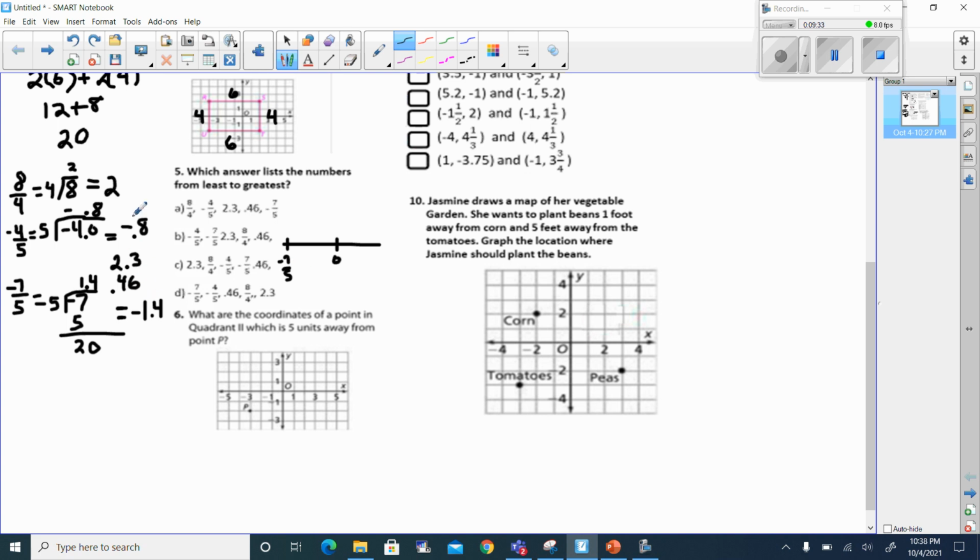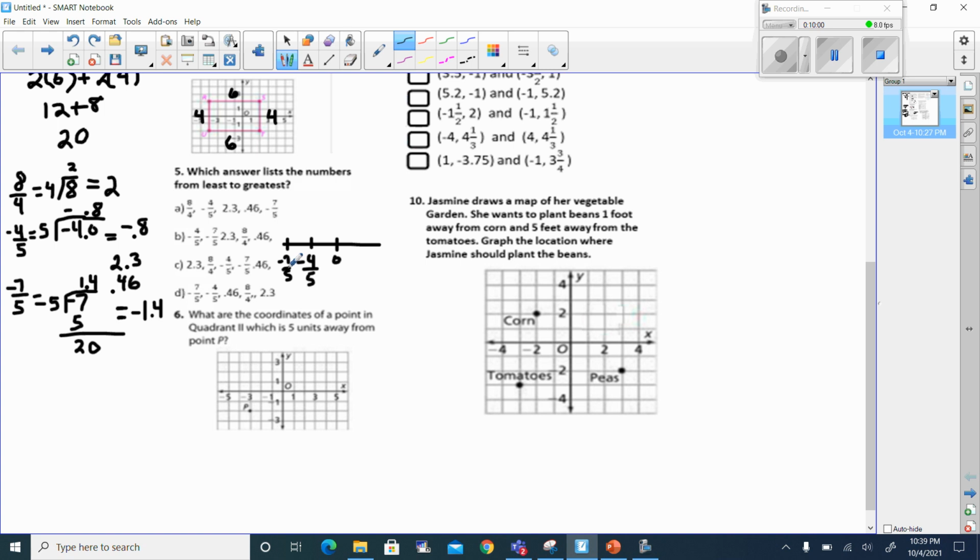The next biggest number is negative 0.8. That's going to be somewhere over here. Oh, I'm sorry, but it was written as a negative 4 over 5. Right, and let's see, those are our negative numbers.